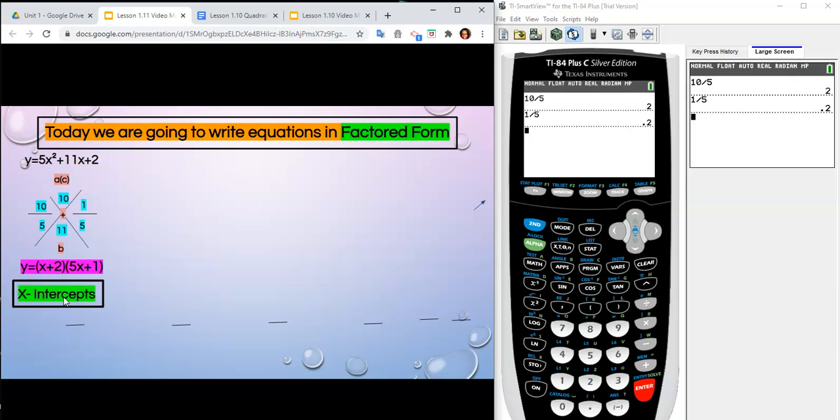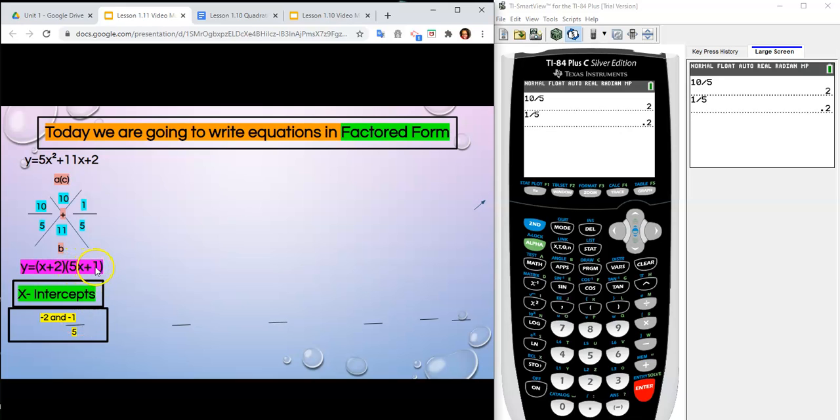Now, when we're talking about our x-intercepts, it's a little bit different. If you notice here, the x-intercept is not going to really change as much because that's still x plus 2. So our x-intercept would be -2 because this is a +2 here. But because this is just x, it's just 1x. But because this is a 5x, our x-intercept is really whatever this value is.